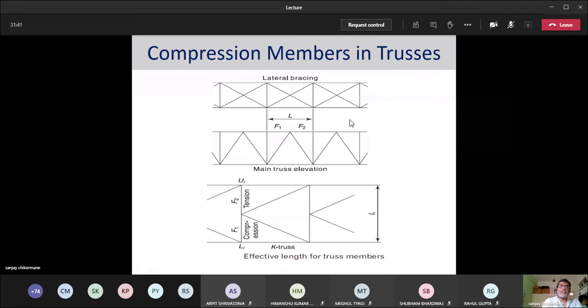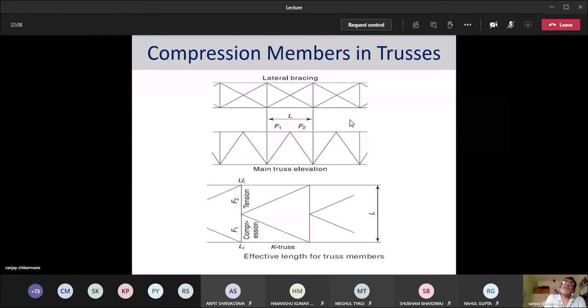A truss does the same thing, that instead of having one long compression member at the top, it breaks it by giving some kinds of diagonal members. So all members in a truss end up reducing the effective length. If I'm making a truss which is, let's say, 30 meters long, I never have a single 30-meter long member. I might break it up into smaller members using diagonals and things like that.